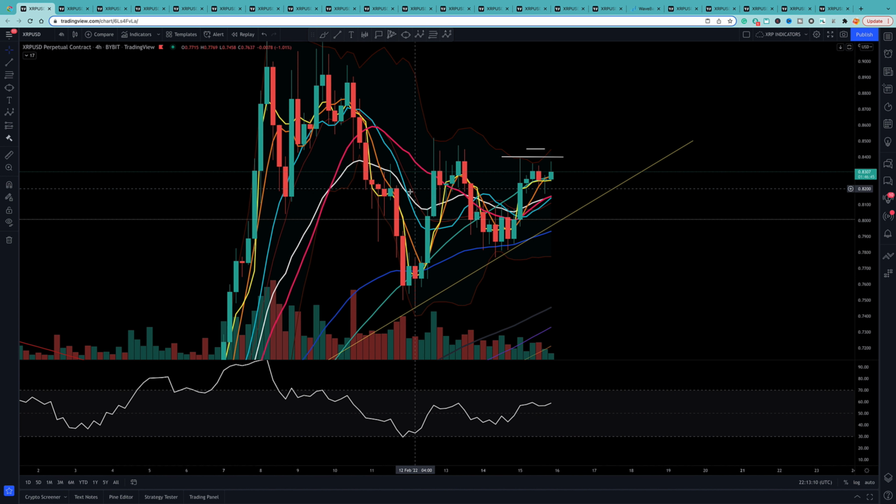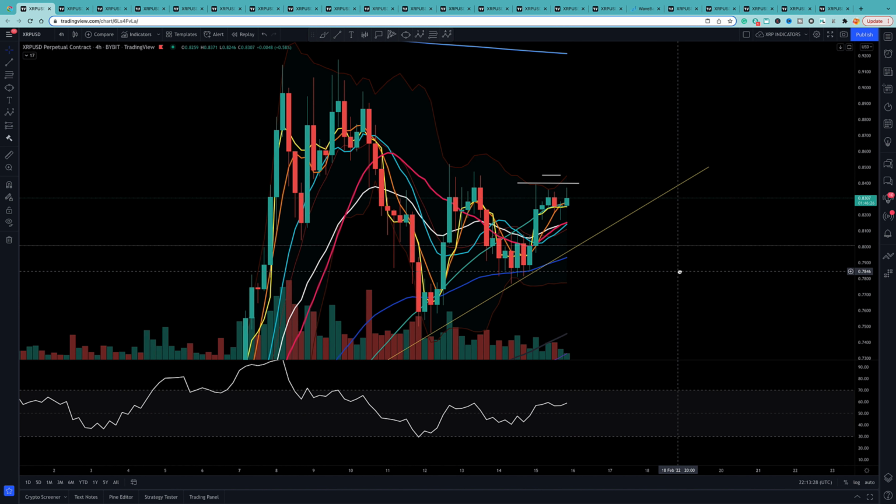So they're coiling up. That's the 200, the 144 weighted, the 100, the 50, the 20, the 10. They're all being drawn together. However, that's on the short term, so that's on the hours.